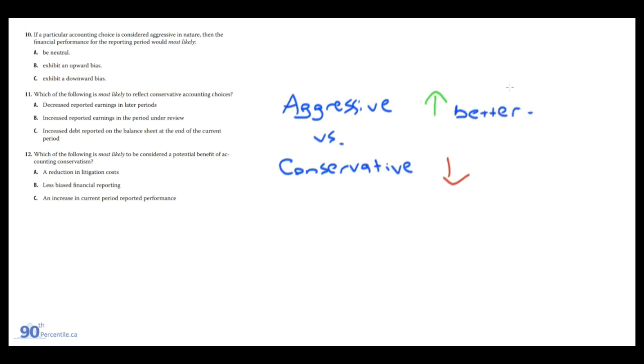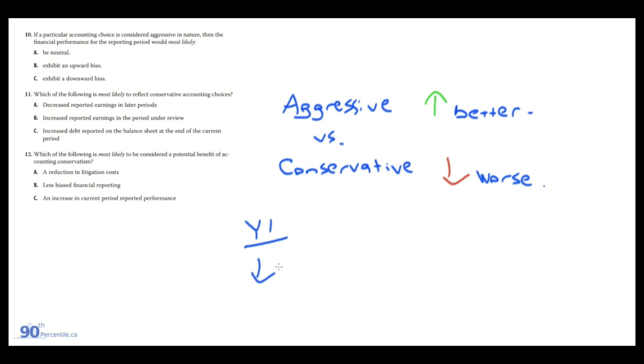So the key here is the current period under review, right? So conservative would make your performance look worse in the current period. So you could do something like smoothing out earnings a little bit. Well, not necessarily smoothing out earnings, but let's just say in year one, the company makes their revenue look worse, right?